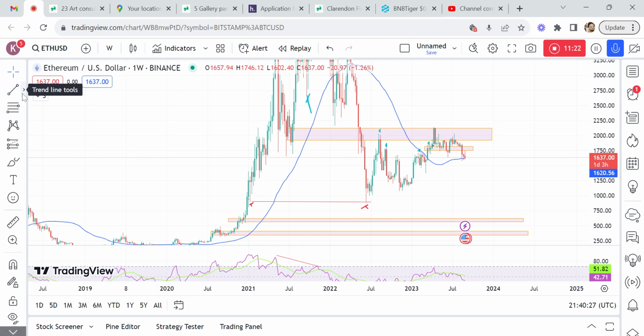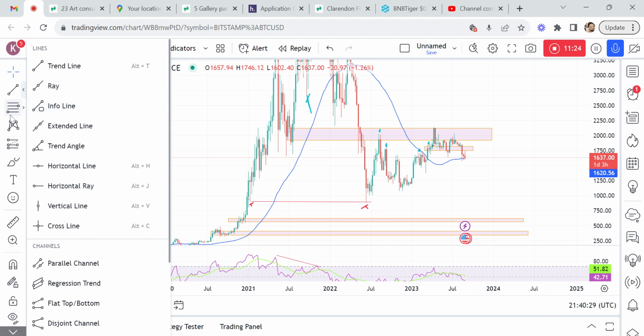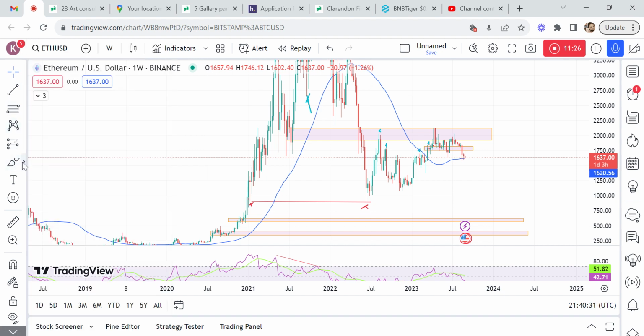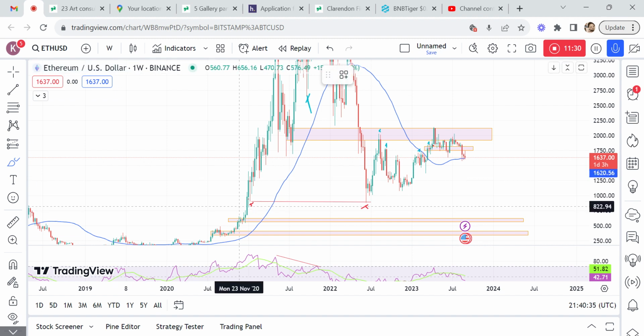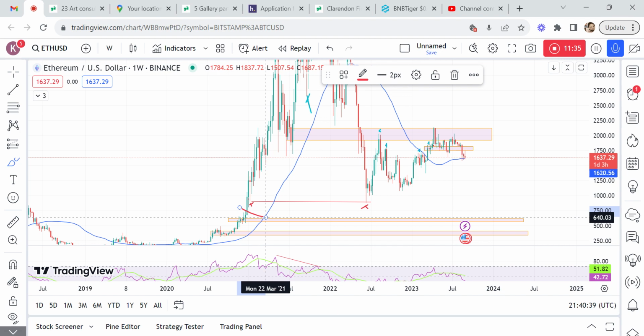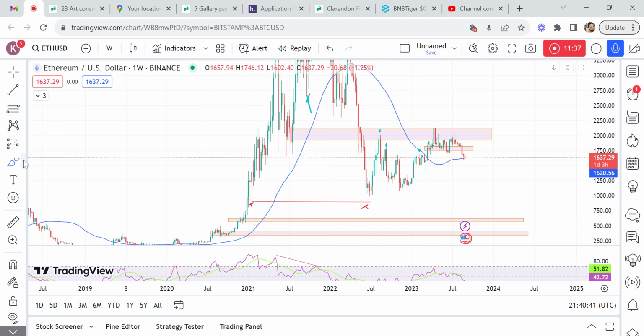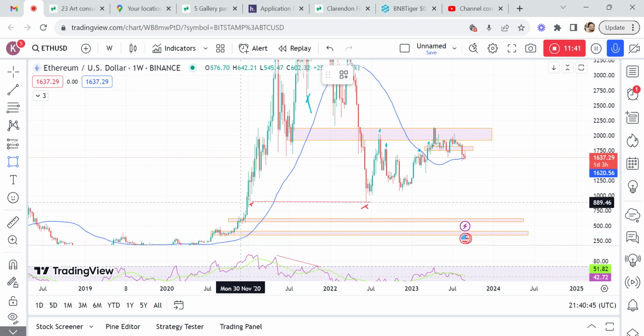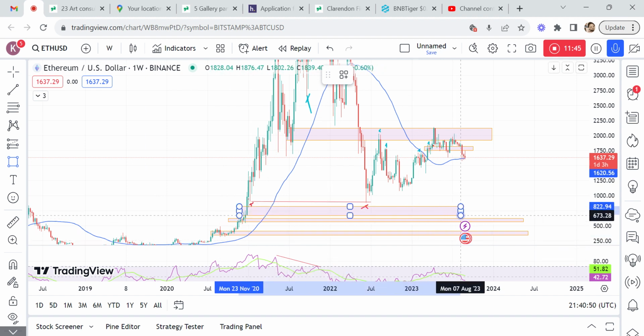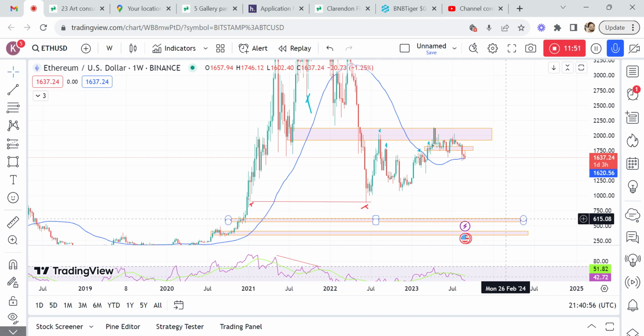What is a liquidity void? Let me get a rectangle. So you find out that this particular space here is a void that needs to be filled. Let me use a highlight too.